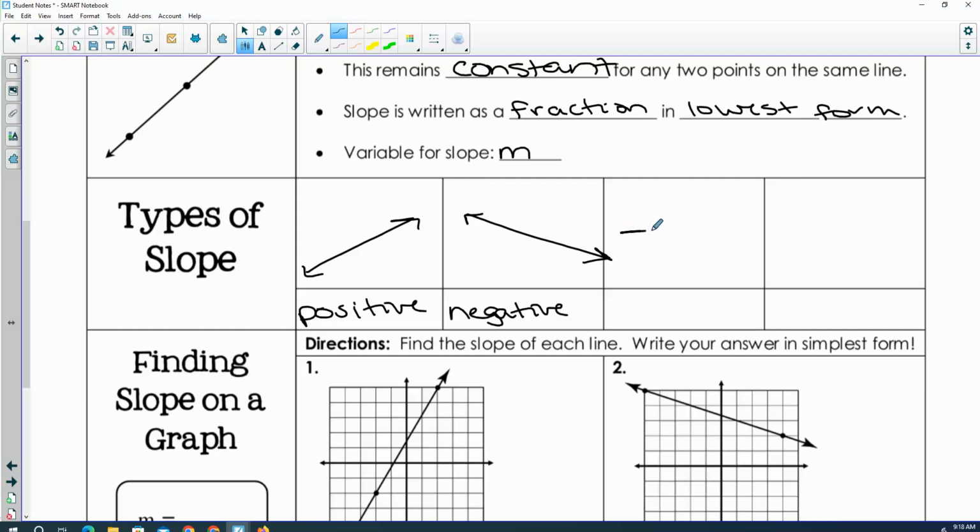Okay, what if you just have a flat line? Does anyone know what the slope of that is? 0. Yep, absolutely.